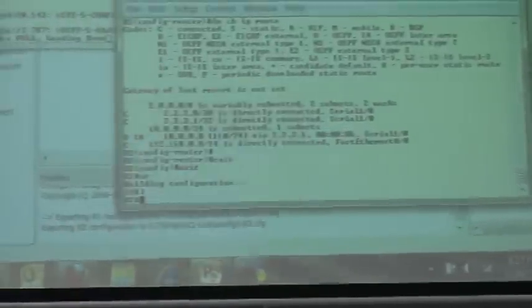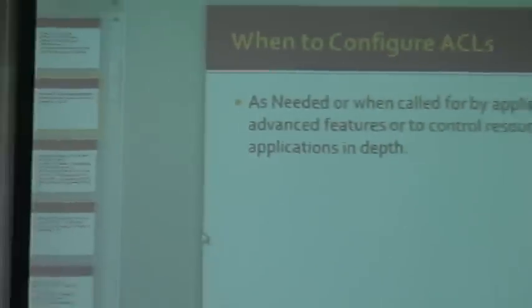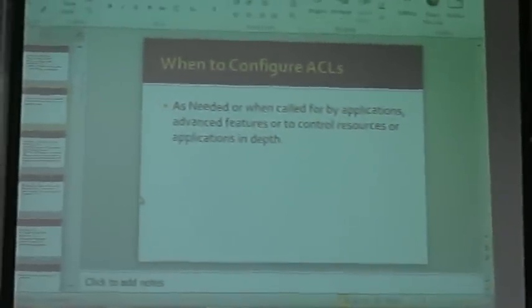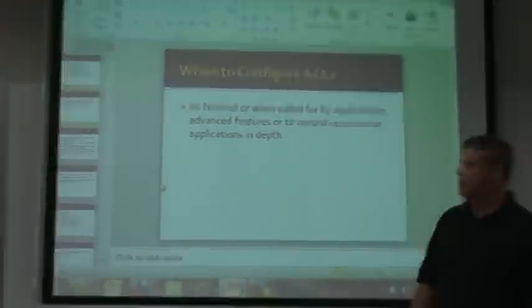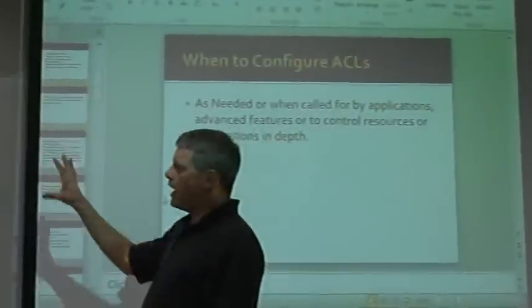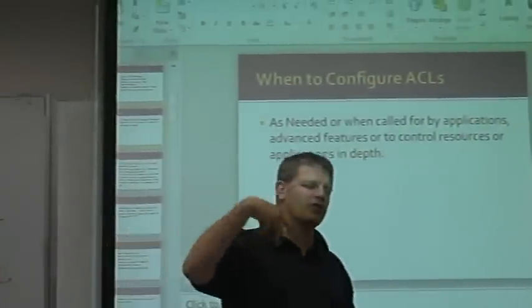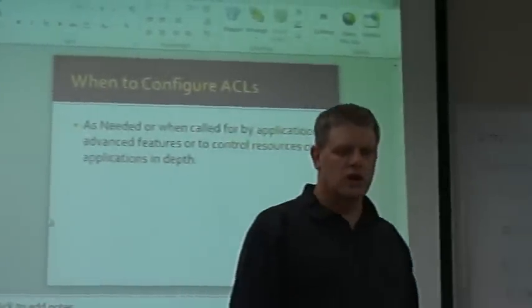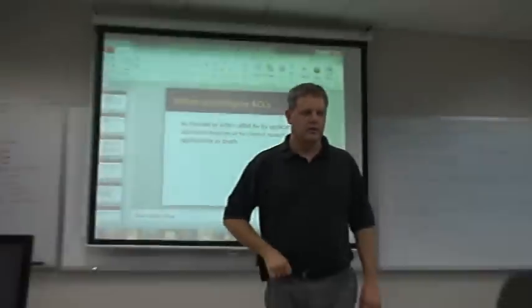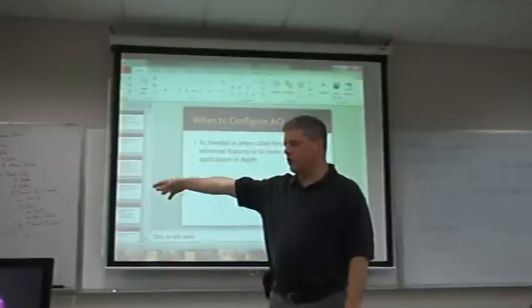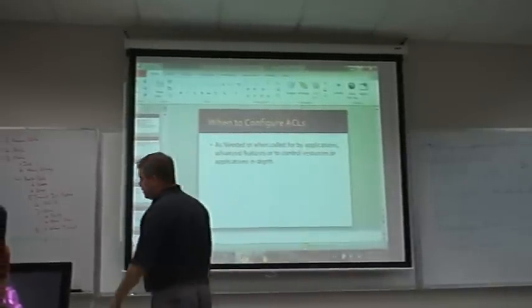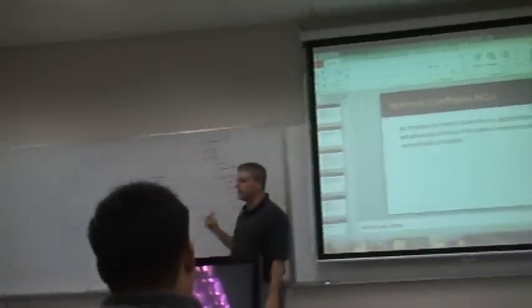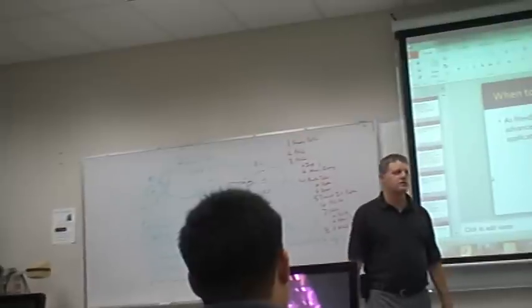Now that I have full internet connectivity, let's go back to the lecture here. We're going to go back to talking about ACLs. Now, for your labs, when you get into lab 2 and 3 and test number 1 and 2, those are a derivative of this, whether it is setting up EIGRP or RIP or static routes.